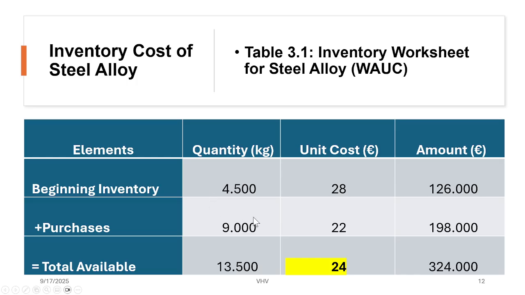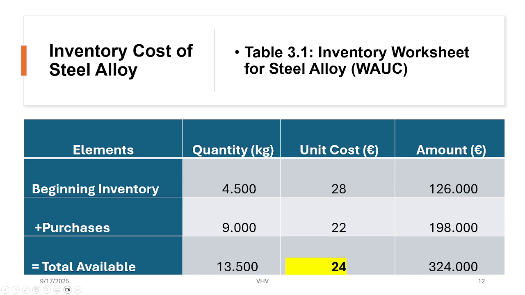valued at 126,000. We add our new purchase of 9,000 kilograms, valued at 198,000. So our total available inventory is therefore 13,500 kilograms with a total value of 324,000.